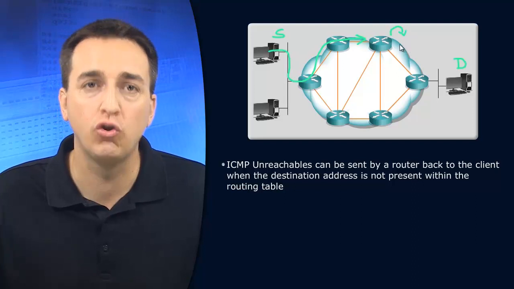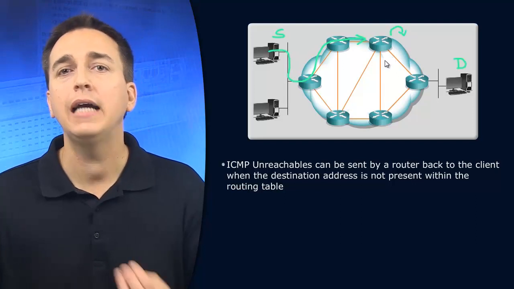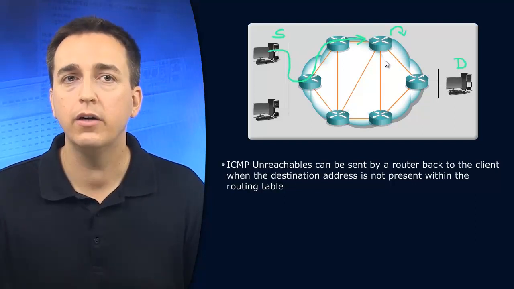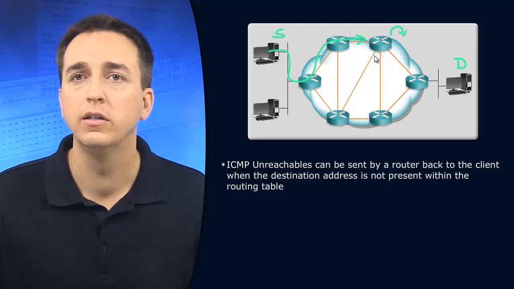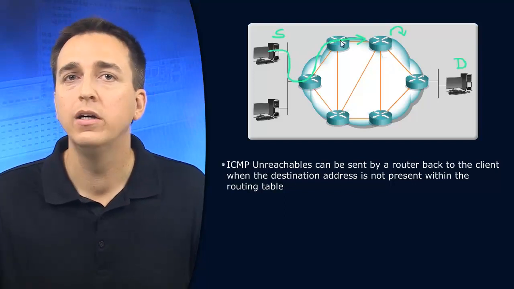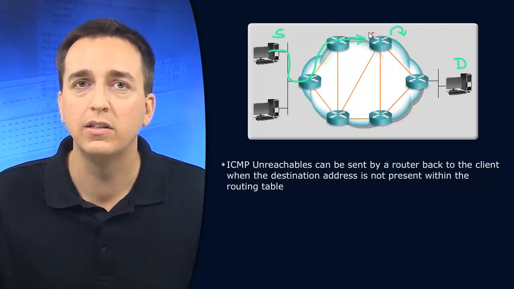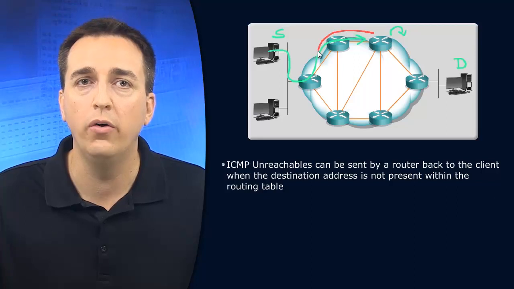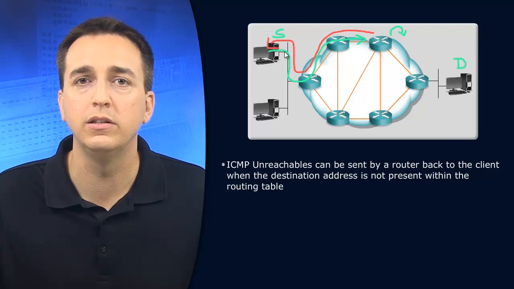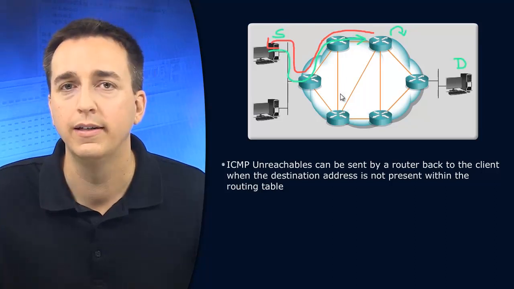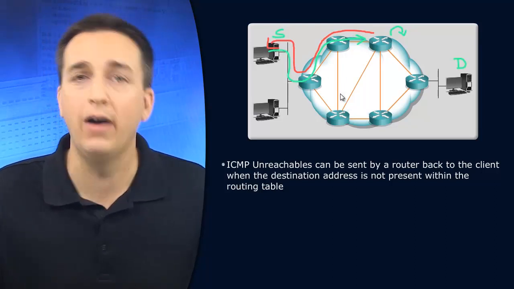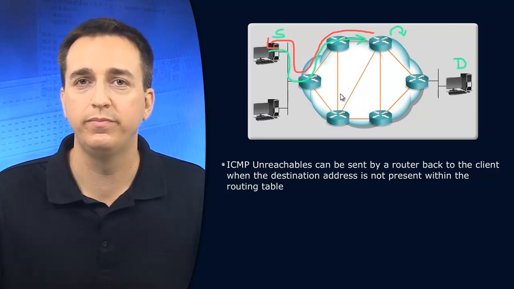So the packet's dropped, and then it uses ICMP, Internet Control Message Protocol, to send a message back to that sending device. And that message is known as a destination unreachable message. It's telling the client, hey, I don't know how to reach that particular destination.